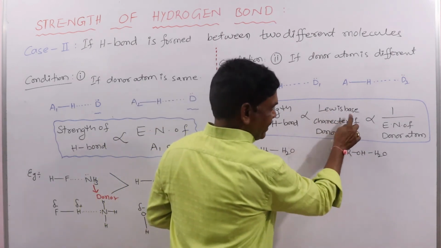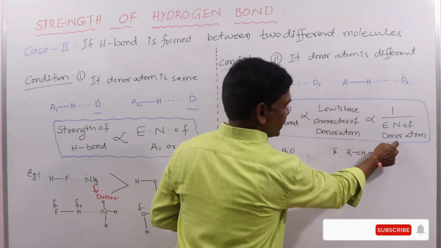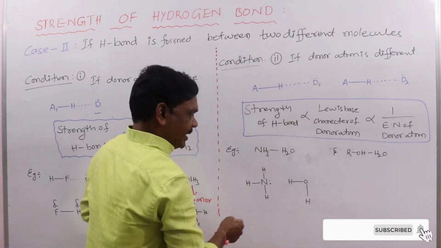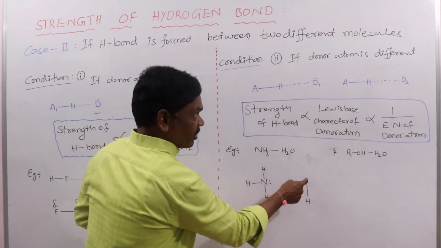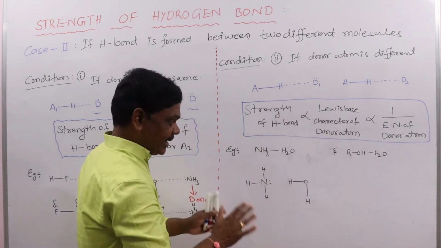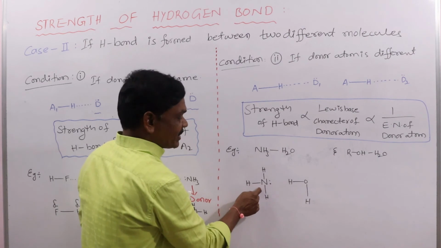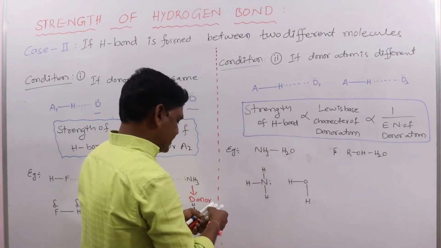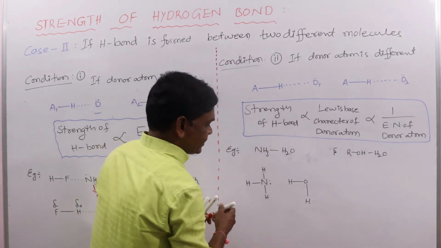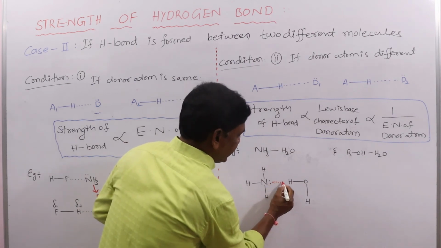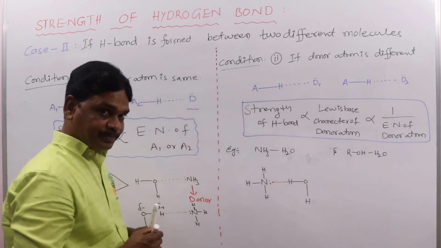Okay? The Lewis base character of the donor atom is inversely proportional to the electronegativity of the atom. Here the electronegativity is more, so the Lewis base character is less. Here the electronegativity is less, so compulsorily it acts as a donor. So now between these two, a hydrogen bond will form.